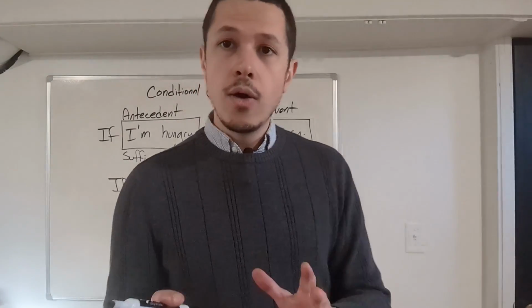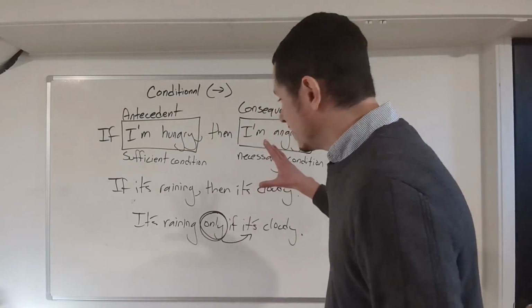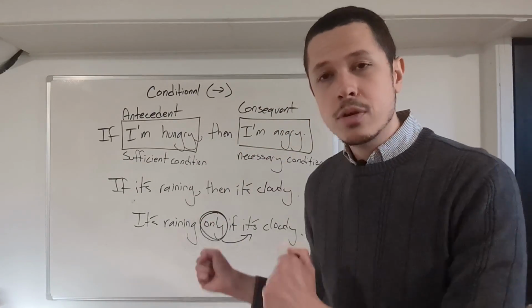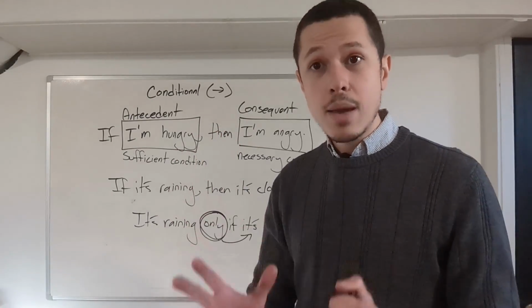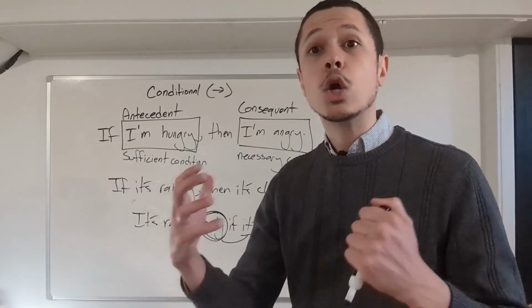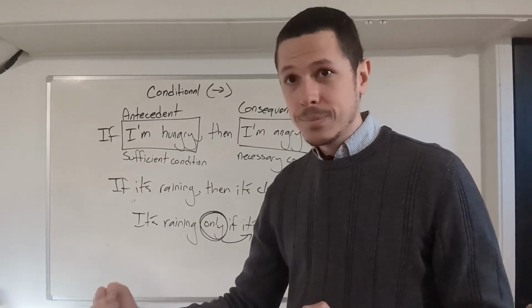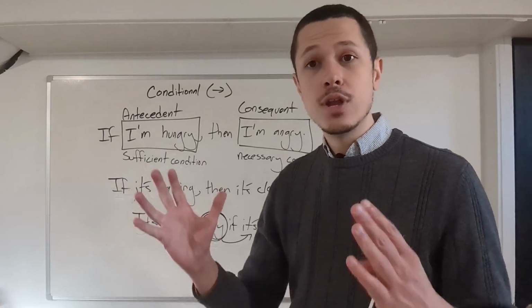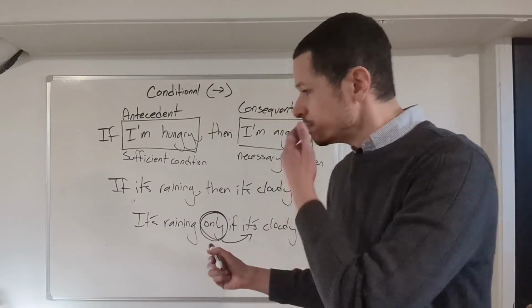I know that that can get tricky, so here's something to bear in mind. If you have a hard time sometimes wrapping your head around this stuff, that's okay. Just memorize that "if P then Q" is equivalent to "P only if Q." Just memorize that, and with enough practice, I promise that this stuff will start to settle in.